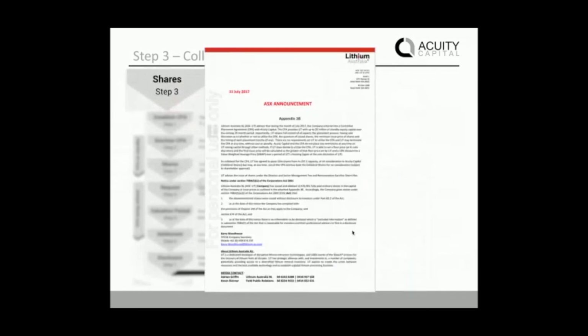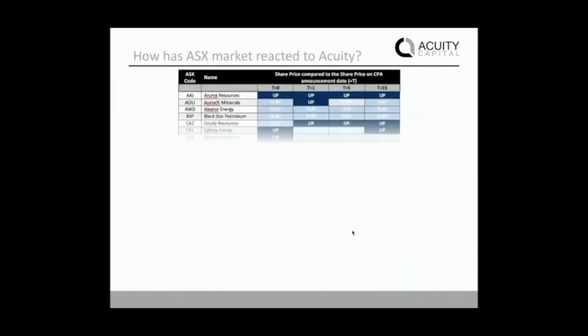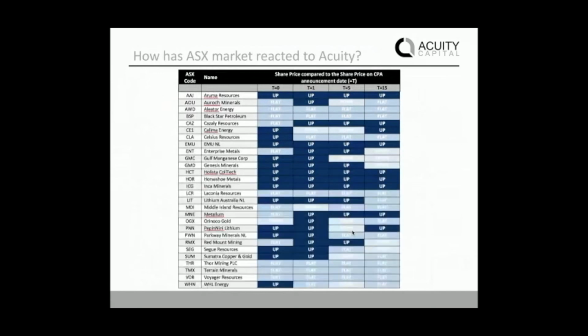So really, really easy. So I guess the next question is, well, how does the market actually react to Acuity and the CPA? This is actually part of our white paper. We update it pretty regularly to include all the deals we've done that have been announced. You can see there's a number of them there. Importantly, there's only one that's down on the day of an announcement, and that's Orinoco Gold. So you can see here only a few are down.